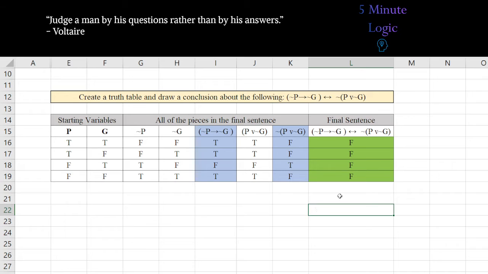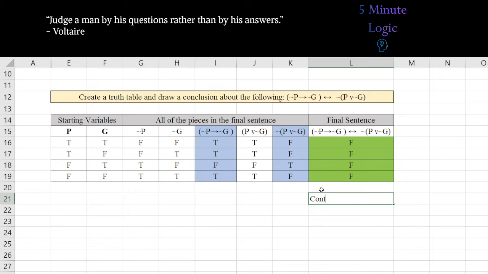Well, there's actually a name for this. And it means that no matter how you construct this sentence in all four cases, whether they're true, they're false, or there's some combination, the final sentence is going to be false all the time. That is called a contradiction. A contradiction is when every single variation of the sentence is false.